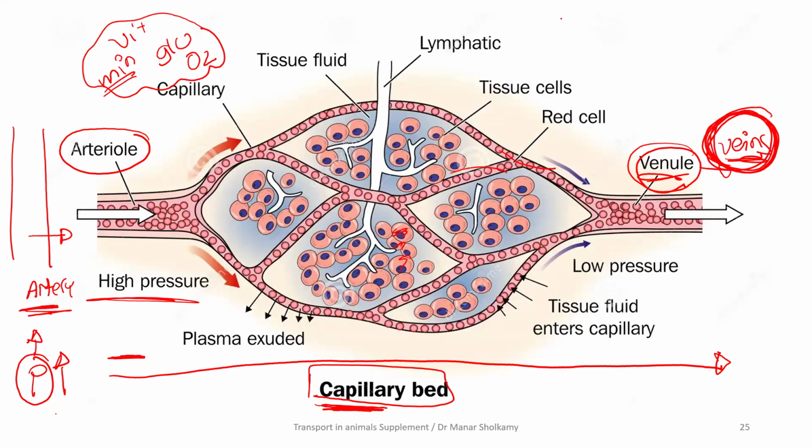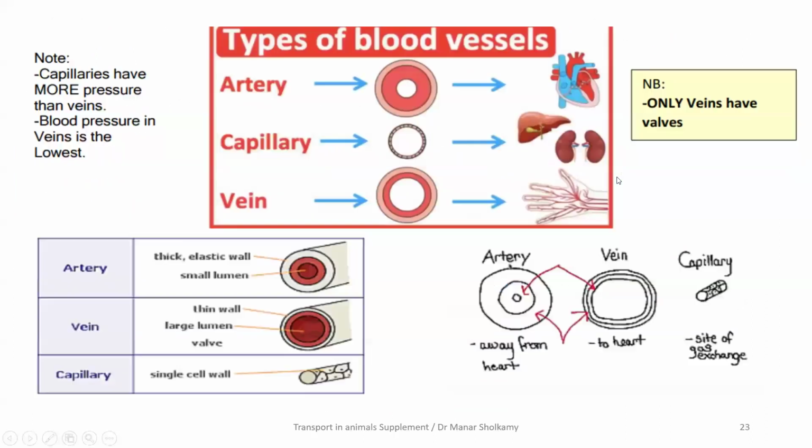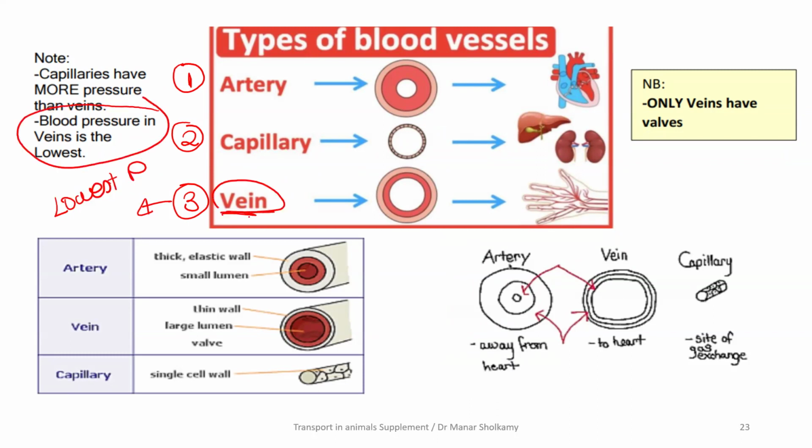We have, in terms of size, artery followed by vein, followed by capillary. The artery is the biggest, followed by the vein, followed by the capillary. But in terms of pressure, artery has the highest pressure, followed by the capillary, followed by the vein. The vein has the lowest pressure. That is why veins are the only blood vessels that have valves.